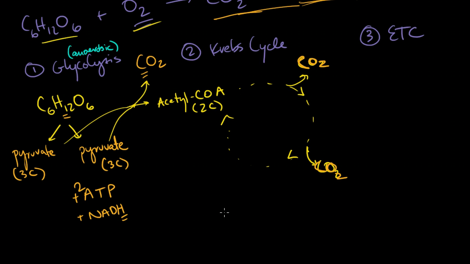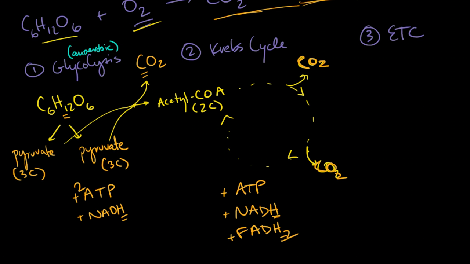The other products that come off: we have a few more ATP, and we've got some NADHs and some FADH2s. Again, these are carrying the hydrogens and electrons, or energy.